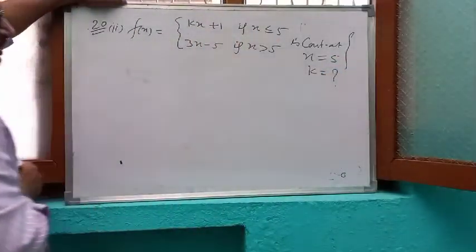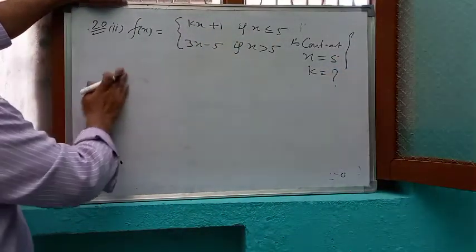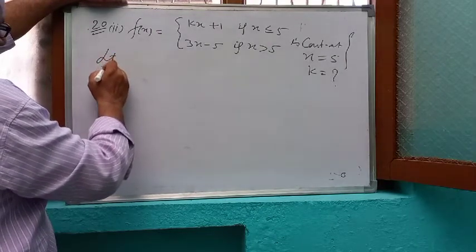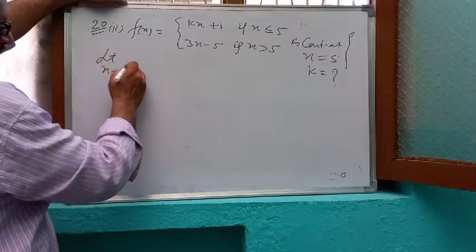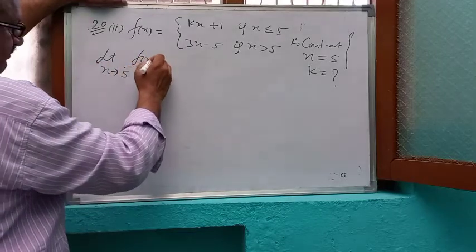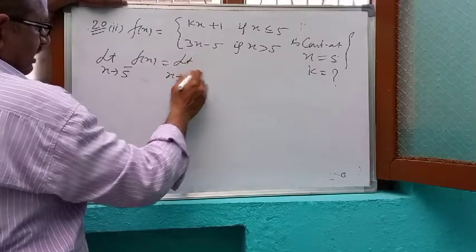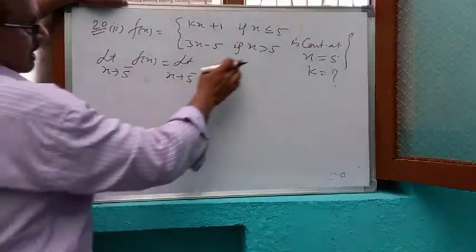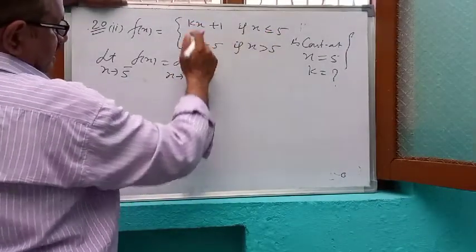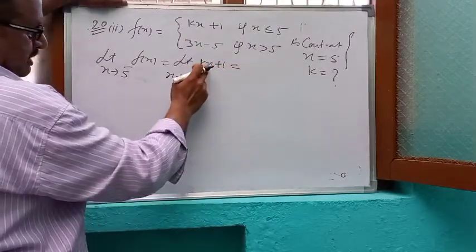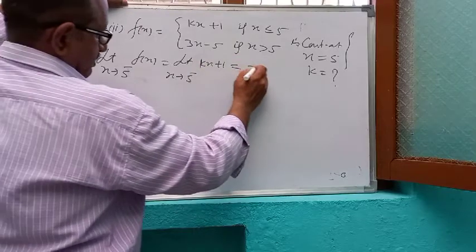So find the left hand limit. Limit x tends to 5 minus f(x). x tends to 5 minus means less than 5, and for less than 5, the function is kx + 1. So write here kx + 1. Now take the limit. In place of x, put 5.